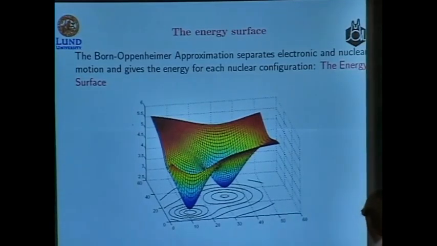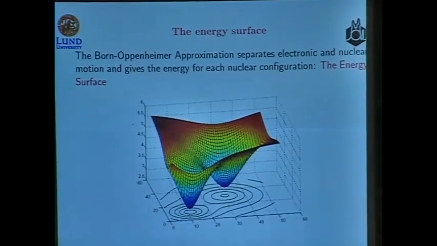So the energy of the system is described, for the electrons, as a function of the coordinates of the nuclei. And then the motion of the nuclei is solved with this as a potential. This energy surface is the key to our understanding of what the molecule is, because it has minima in which we can define the geometry of the molecule.